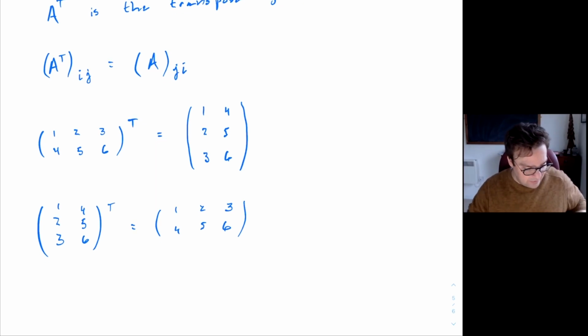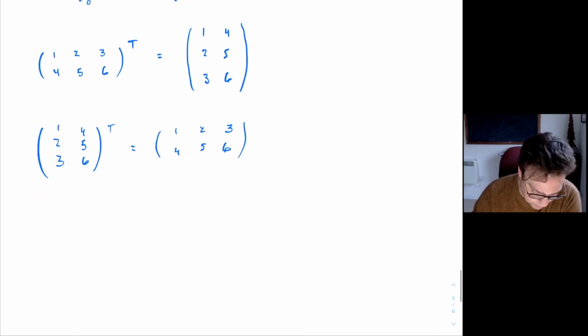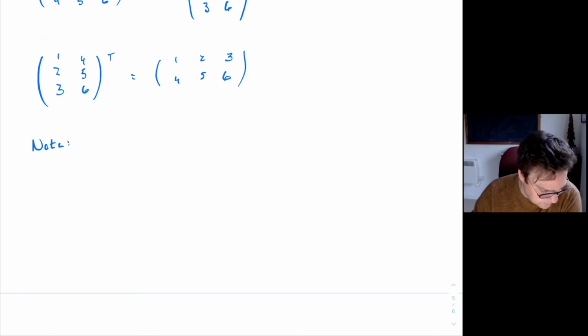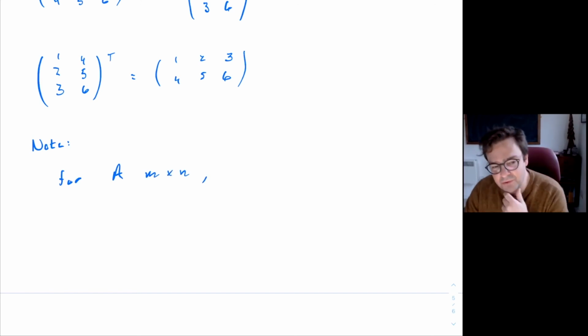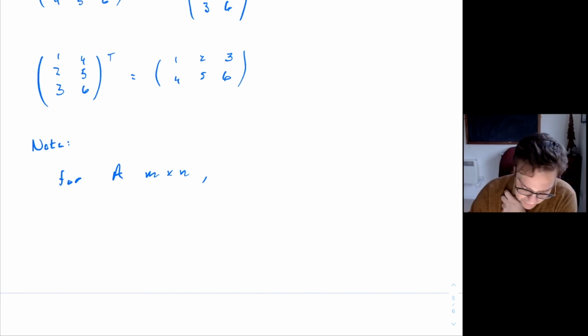Just a couple of comments about how transposes work, some properties. Note, for A m by n, so if the matrix A has m rows and n columns, then A transpose has n rows and m columns.